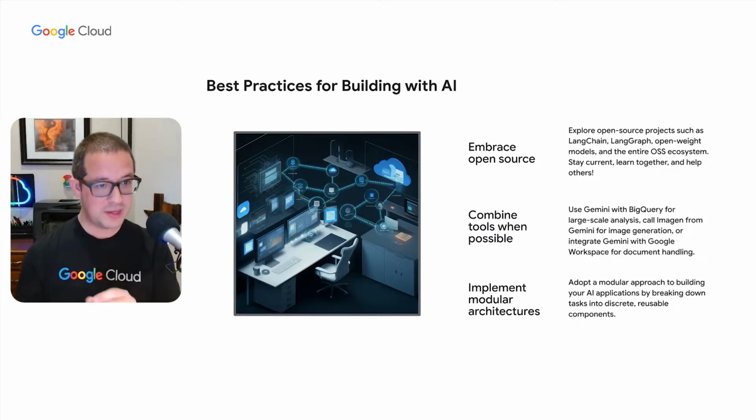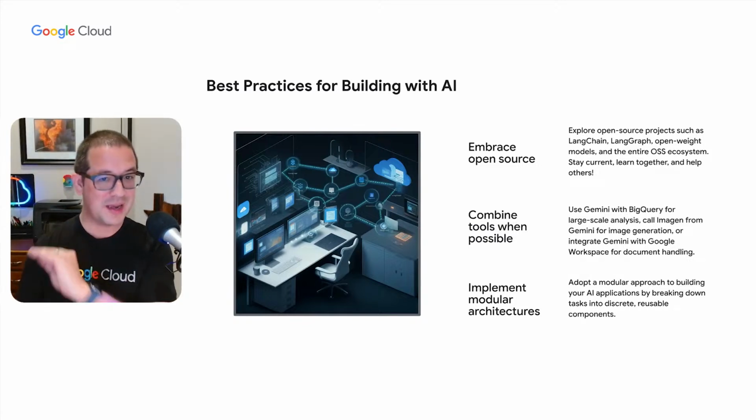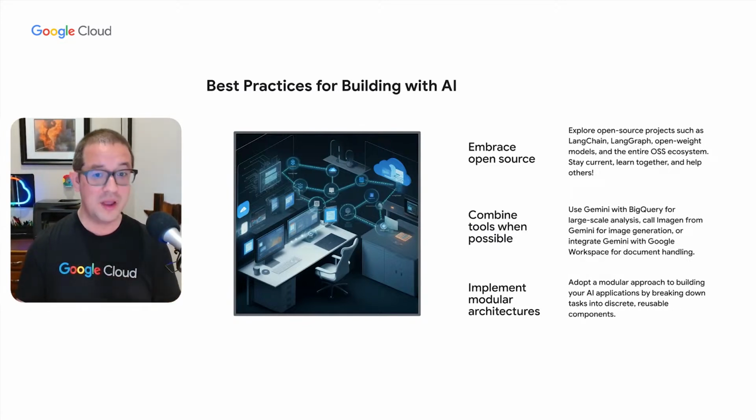Work modularly and build up a little toolbox of, this is how I solve, this is how I implement retrieval augmented generation. And I guarantee you're going to use that in almost every generative AI app you have. So make it modular. When you think about building your agents, remember microservices. We're really just building little microservice agents that are working together.